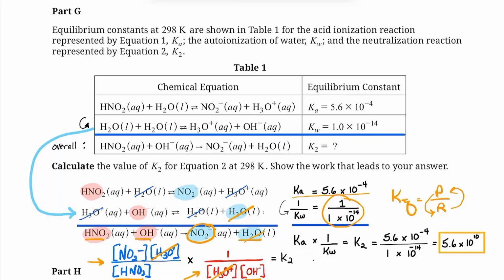Which kind of makes sense because when you think about this, the forward reaction in the second reaction really favors the reactants. So when you flip it, it's really going to favor the products. When you multiply that by 10 to the negative 4, you're going to get a very, very aggressive equilibrium constant that favors the product. That should make sense, okay? All right. One part before we move on, though, what if I needed to multiply something by 2?